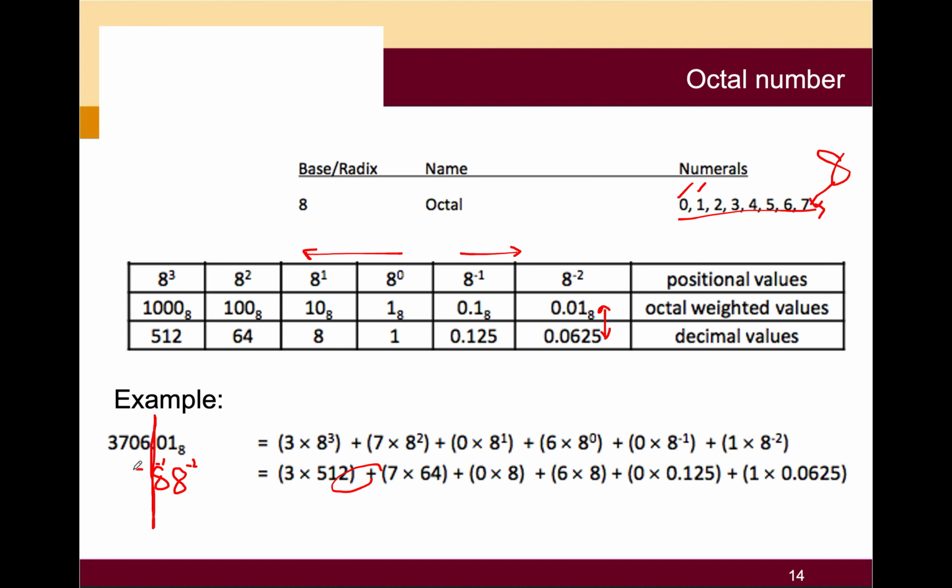Same goes to here, you will start at 8 to the power of 0, and then 8 to the power of 1, 8 to the power of 2, and lastly 8 to the power of 3. After you multiply all these numbers, you need to add all the values, and you will get answers similar to this step.